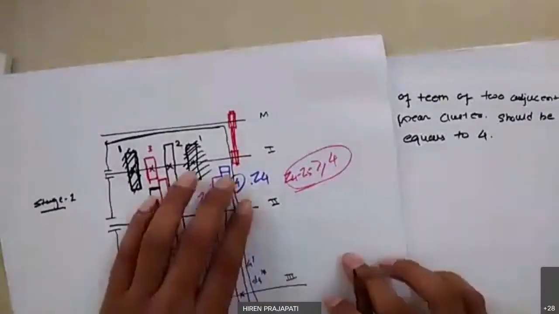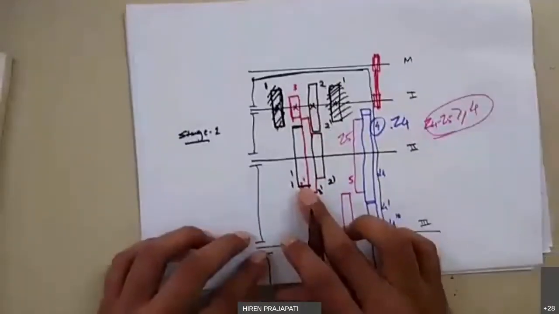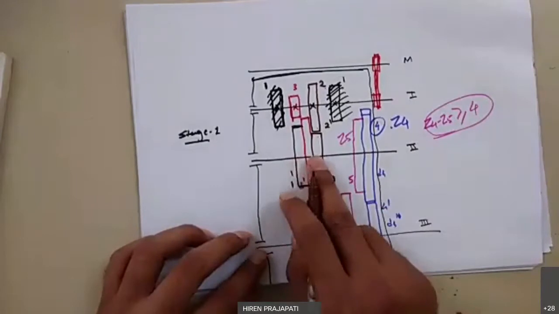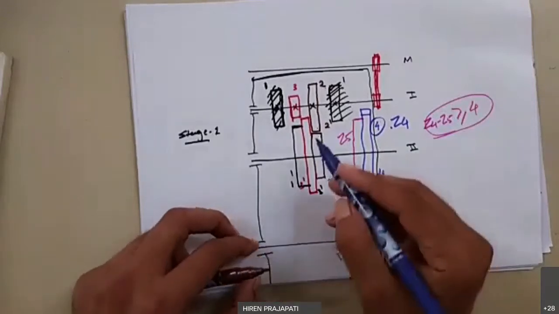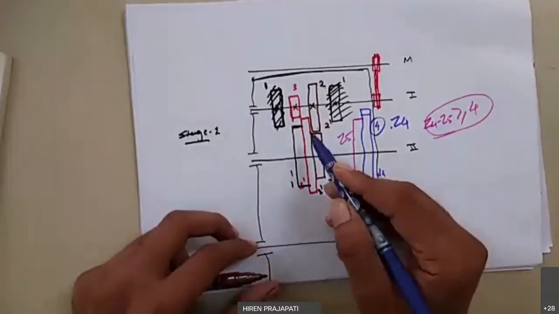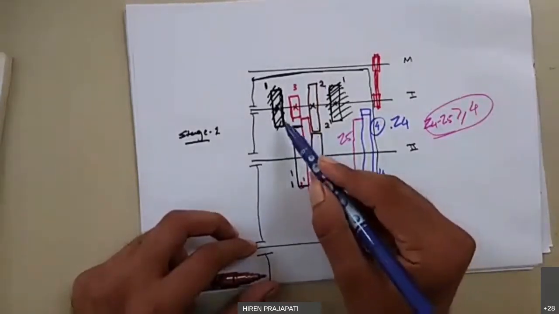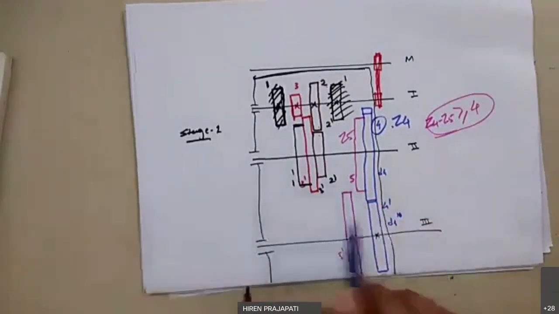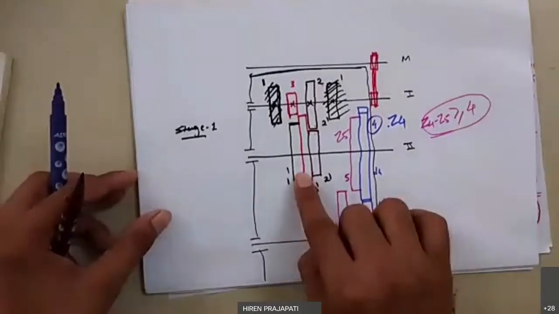We take reference of this. We have a gear cluster of 3 gears. So if I write the addendum diameter equation for gear 1 dash and gear 2 dash, just consider this gear cluster.